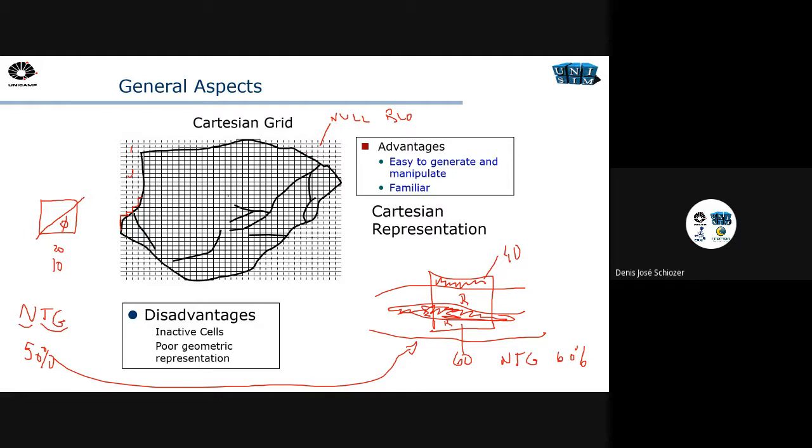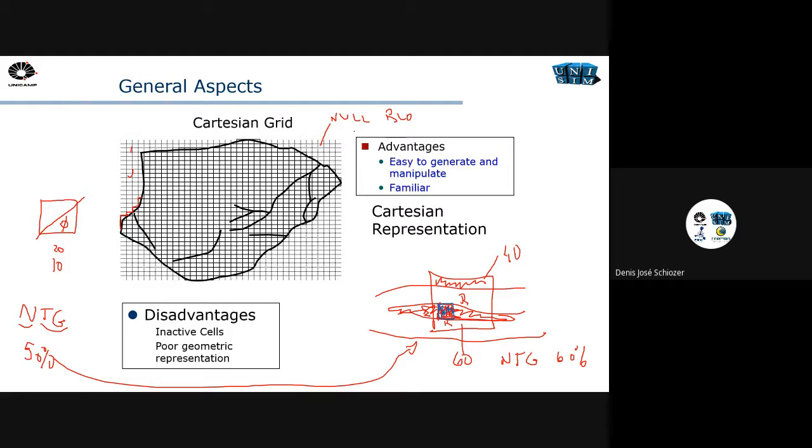We can have null blocks in the middle. For example, if I have the same example here, but the size of my block is this one, I don't know if you can see the mouse here, let me put another color. For example, if my block is this size here, and is completely inside a non-porosity layer, then it's a null block as well.